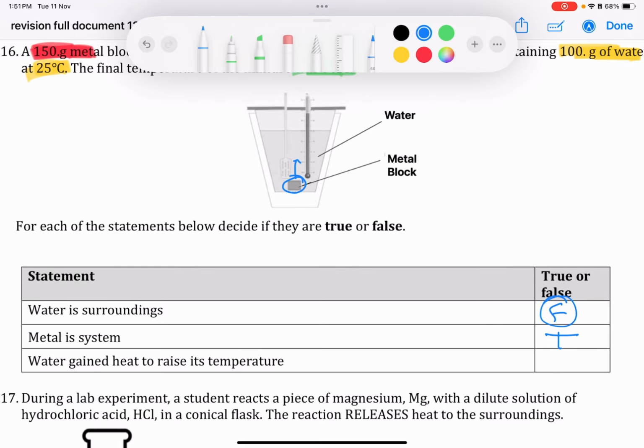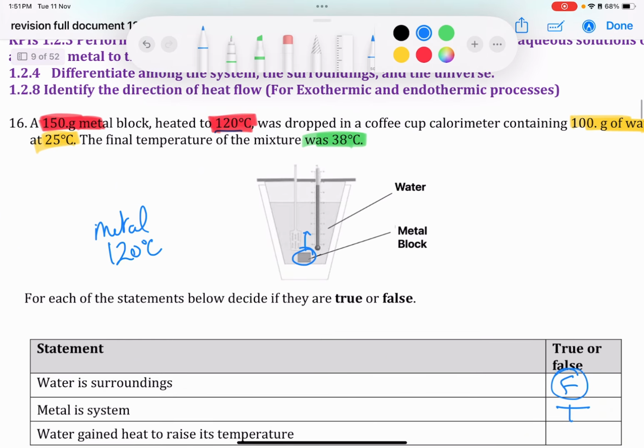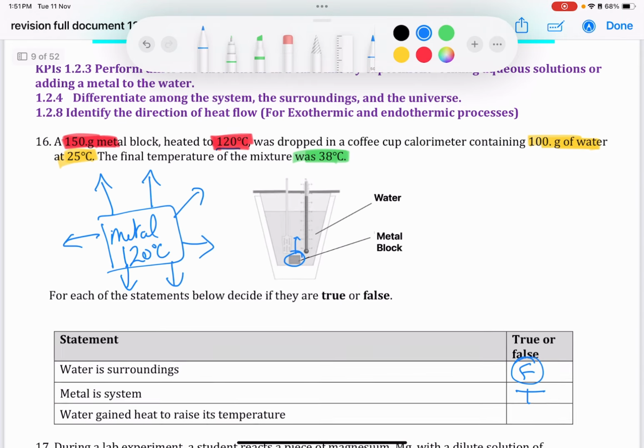The temperature of the metal is 120 degrees Celsius. That is very hot, so it's going to transfer its heat to the water. The temperature of the metal is going to drop, and the temperature of the water is going to increase. You can also draw it.